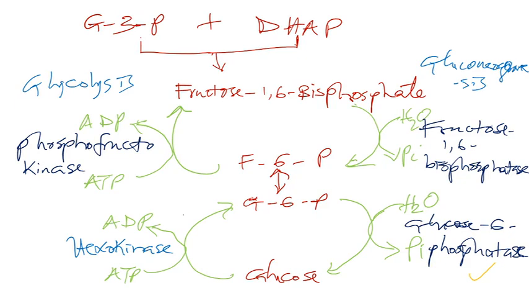So these are the control points which are different between glycolysis and gluconeogenesis. So gluconeogenesis consists of about 12 steps compared to the 10 steps of glycolysis.